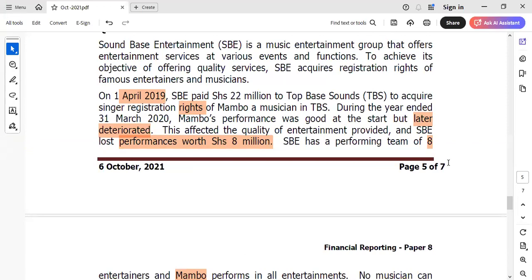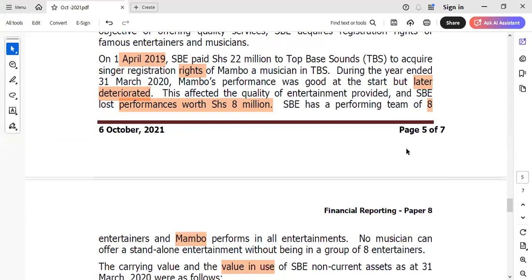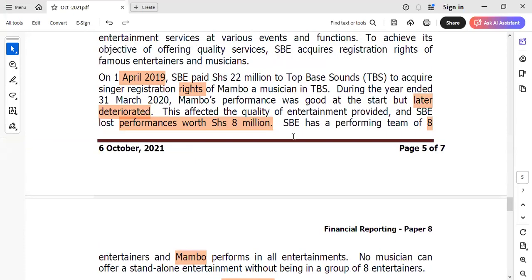The 80 million? Are you understanding the 80 million? This affected the CB lost performance, which was worth 80 million. You lost it. It was not earned, and it affected the quality of entertainment provided. So there is no way you can recognize this.